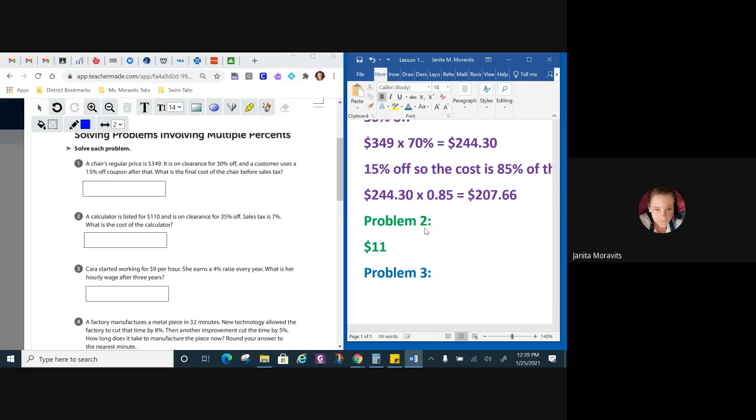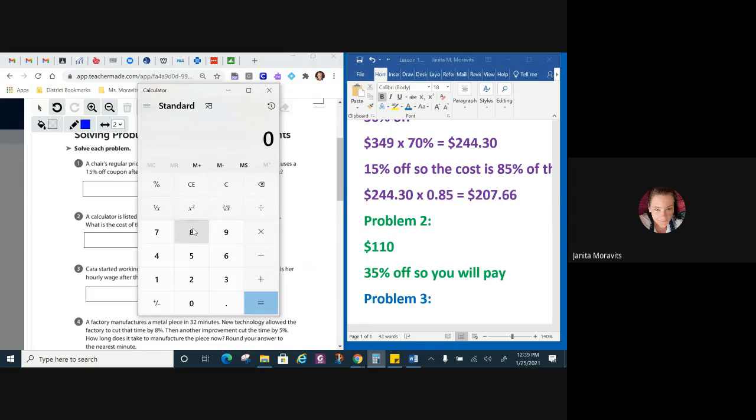Okay, $110, 35% off. So you will pay, well, what's 35 from 100? If it's 35% off, you're going to end up paying 65% of the price.